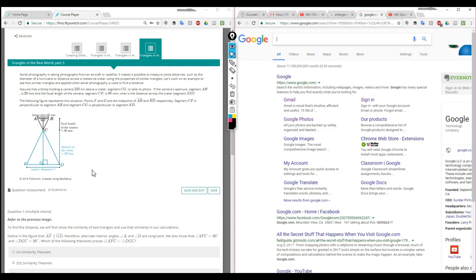So what they gave us there that's not marked is that G is the midpoint of ED. That means E to G and G to D are congruent, and that F is the midpoint of AB, so A to F is congruent to F to B.